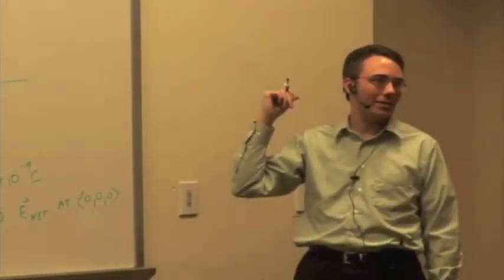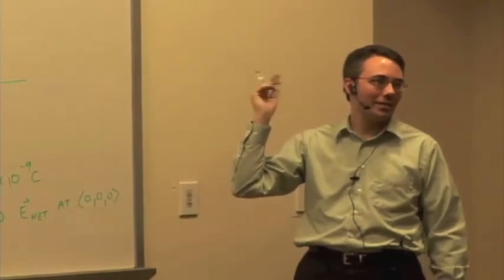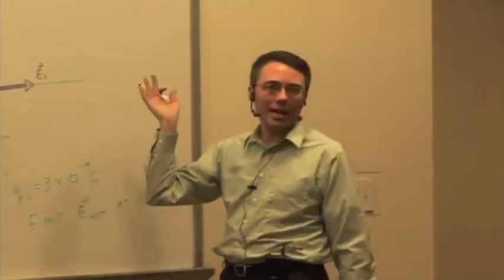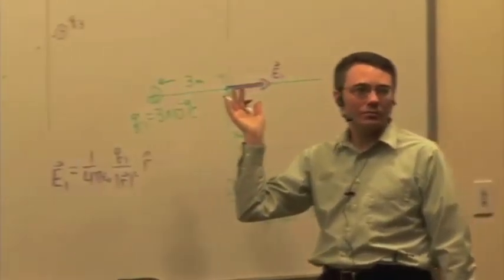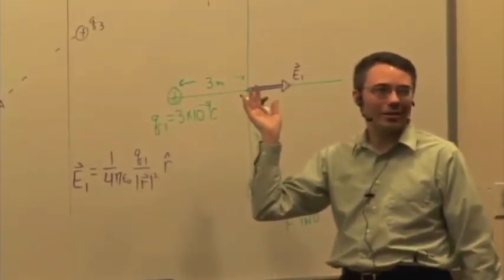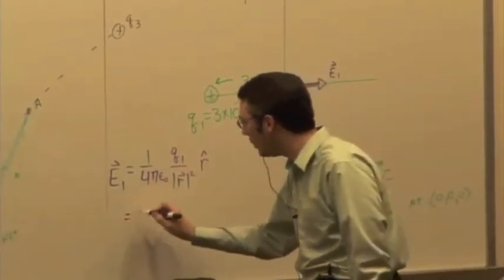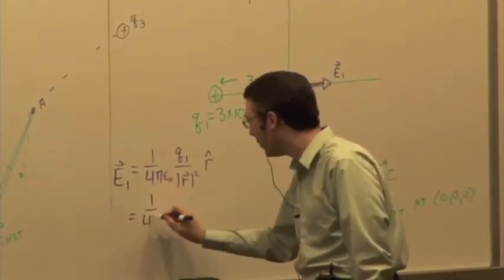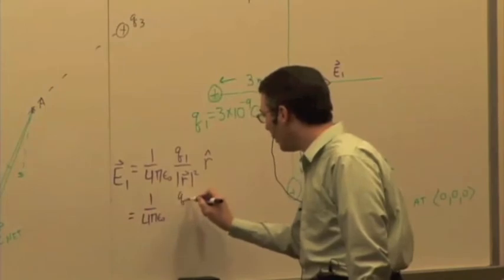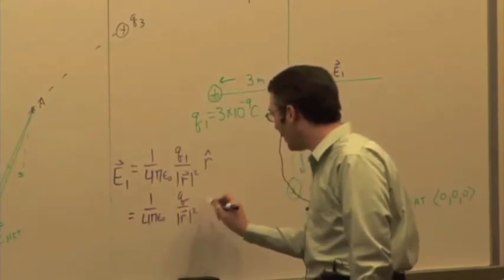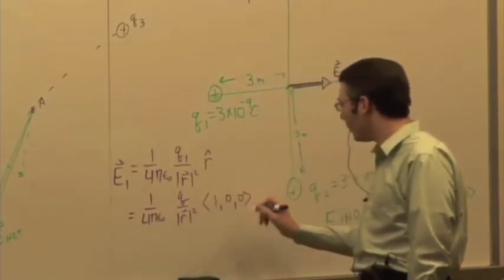A unit vector pointing in the plus x direction is i, right? Or i is equal to, whether the components of i are 1, 0, 0. Okay, so we know this has got to be 1, 0, 0, right? So we have 1 over 4 pi epsilon 0, Q over R squared times 1, 0, 0. Okay, so we can just eyeball this and figure that out.